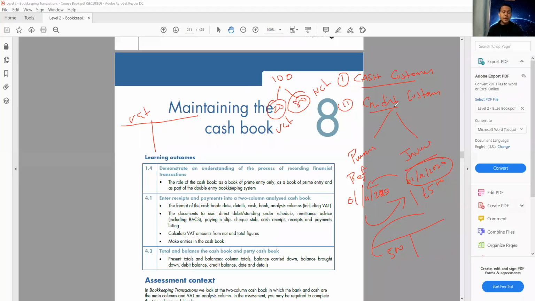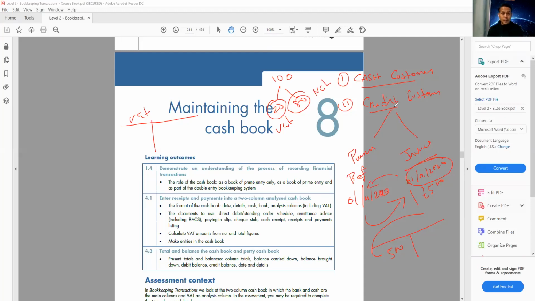As soon as the customer pays me £500, for example, I record it on the cash book debit side. But remember, I'm not going to split the VAT this time, because this sale does not belong to the month of February. I made the sale in January, before February, and I already split the VAT at the time I made the sale. So when the customer pays me, I'm not going to pay VAT again to HMRC. Otherwise, it's going to be double, because I already paid the VAT when I made the sale in January.